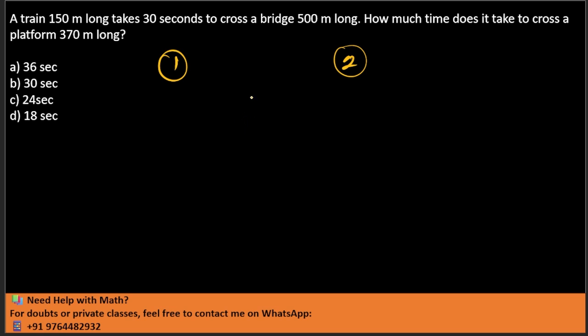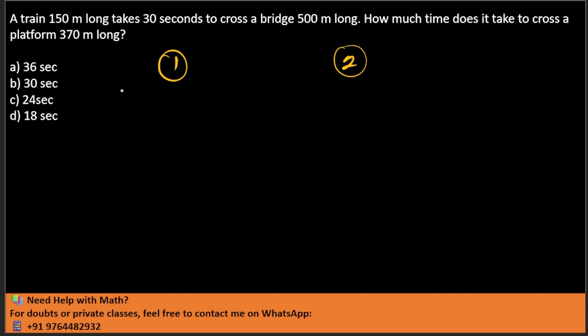All right, and here we have given the length of the train. In both the cases the length of the train will be same. Here we have given the time and the distances. And here we have given the length of the platform, and we need to find the time taken.